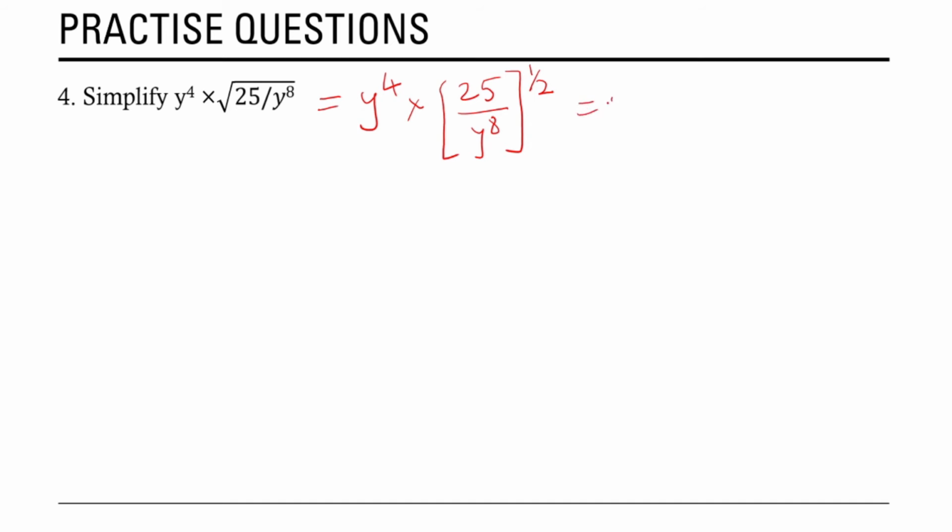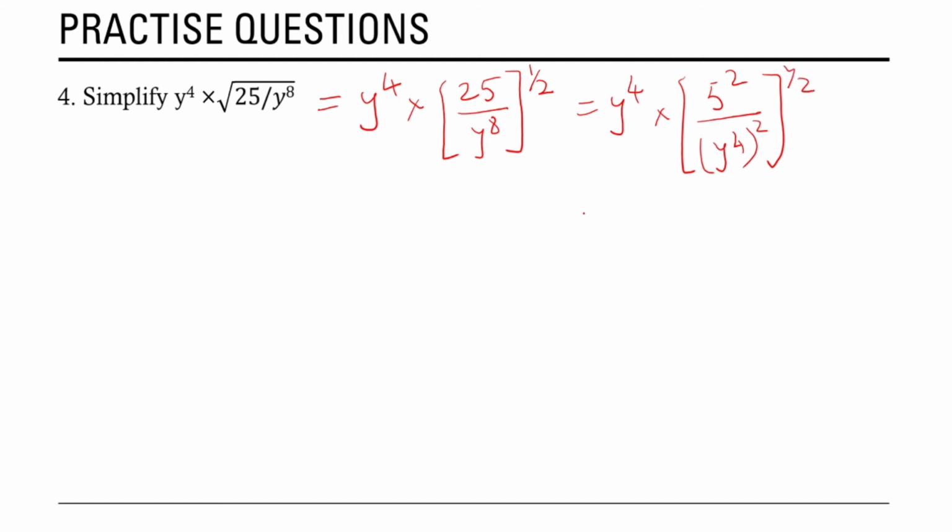So which is equal to y raised to 4 into 5 square, because 25 is 5 into 5, that is 5 square, divided by y raised to 4 the whole square. I am writing y power 8 as y raised to 4 the whole square.